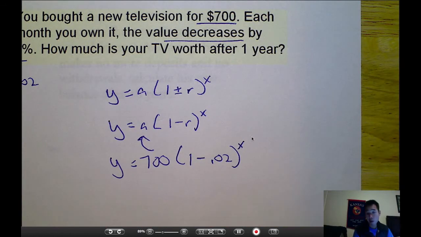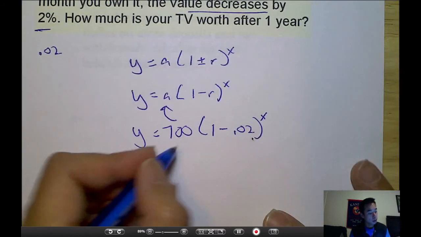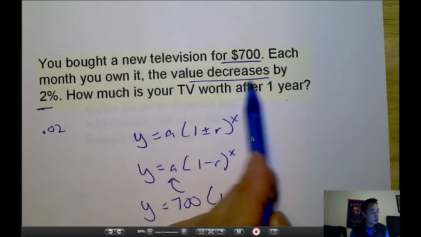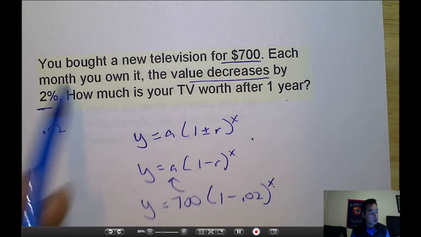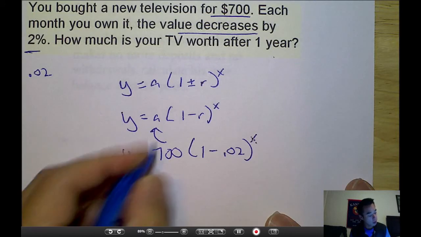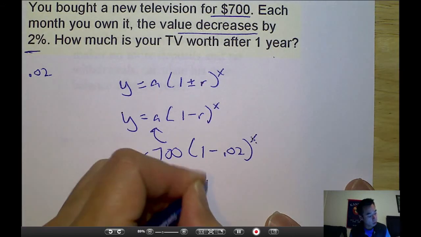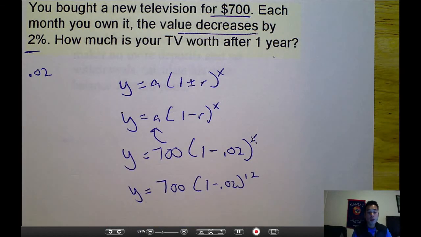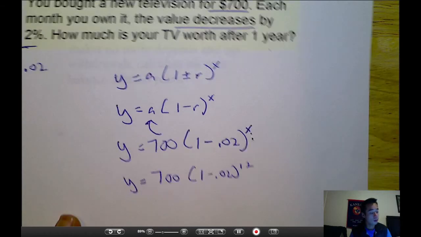All I have to do here is replace x every single time with the amount of time that has passed. So x here, after 1 year, but what we know is it decreases every month. There are 12 months in a year. So we go 1 minus 0.02 to the power of 12. You get y is equal to 700 times the quantity of 1 minus 0.02 to the power of 12.